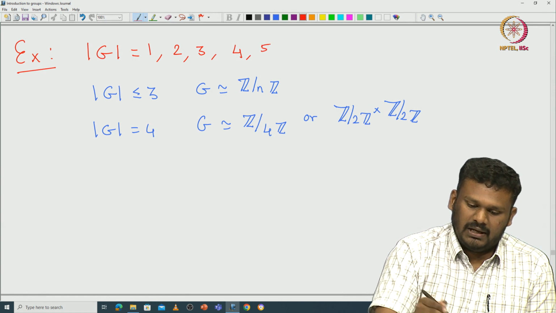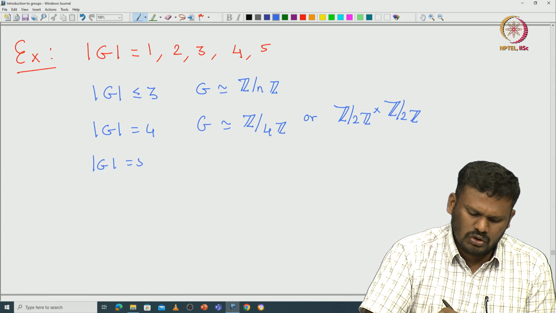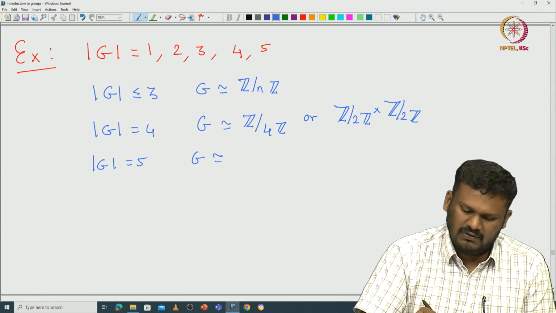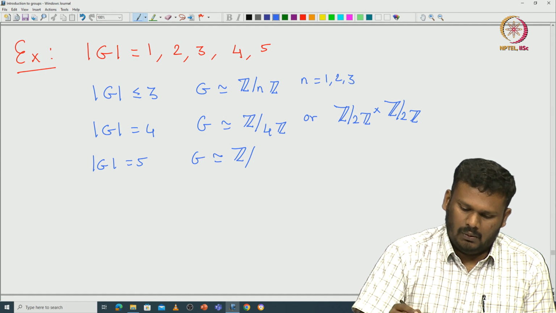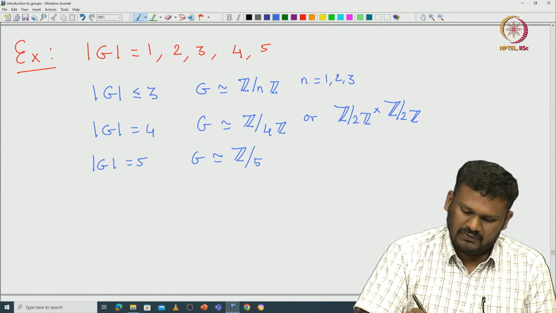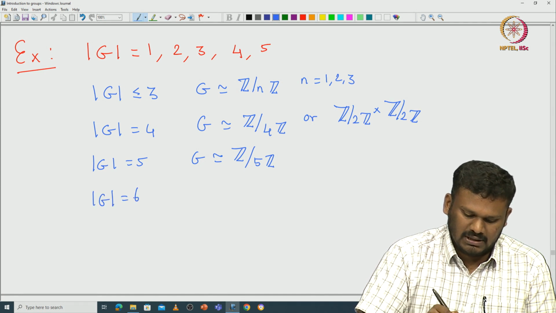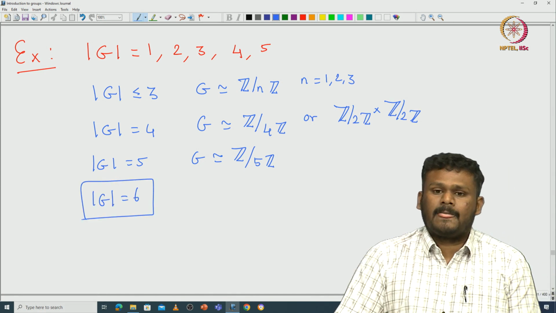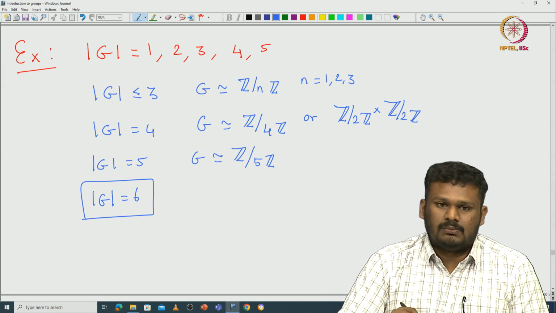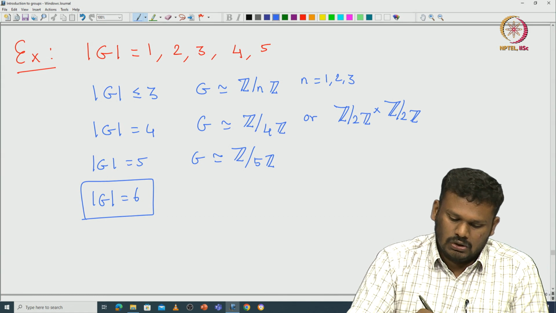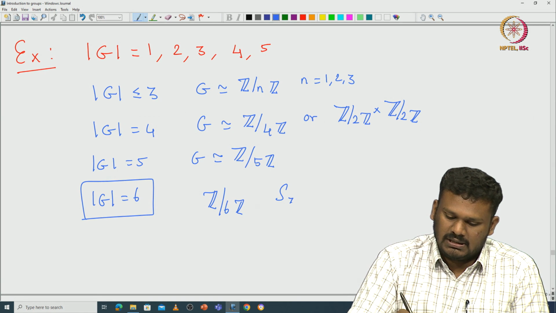If it is 5, since 5 is prime, G will be isomorphic to Z modulo 5Z. So, now we have groups of order 6. Okay. You already know two examples of groups of order 6. One is Z modulo 6Z, another one is S3.